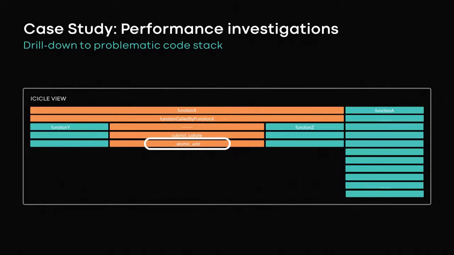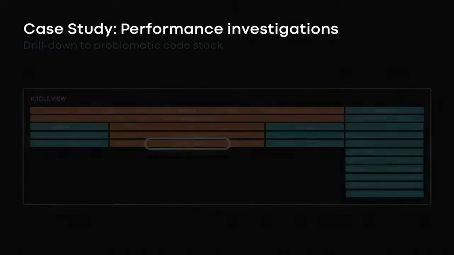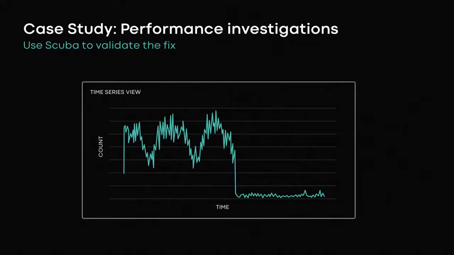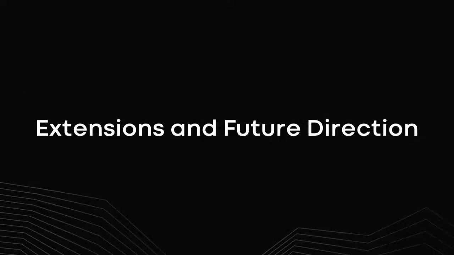And finally, once we have fixed the issue, we can use the time series view on Scuba to see that it actually helped in dropping the number of CPU cycles that were being used by this particular function in this service. On that note, let's look at what is in store for Scuba in the future.